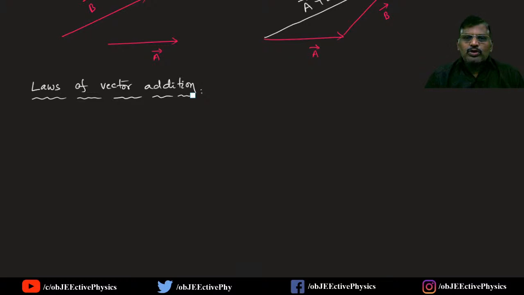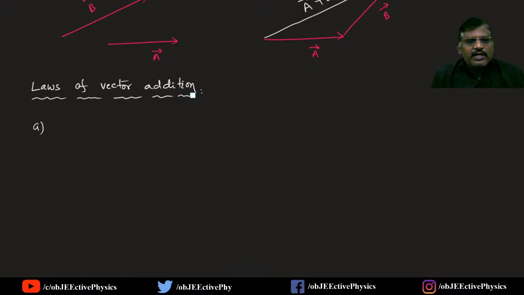Even though they have both magnitude and direction, they are not treated as vectors because they do not satisfy the laws of vector addition. So a vector physical quantity must, along with the magnitude and direction, satisfy the laws of vector addition.